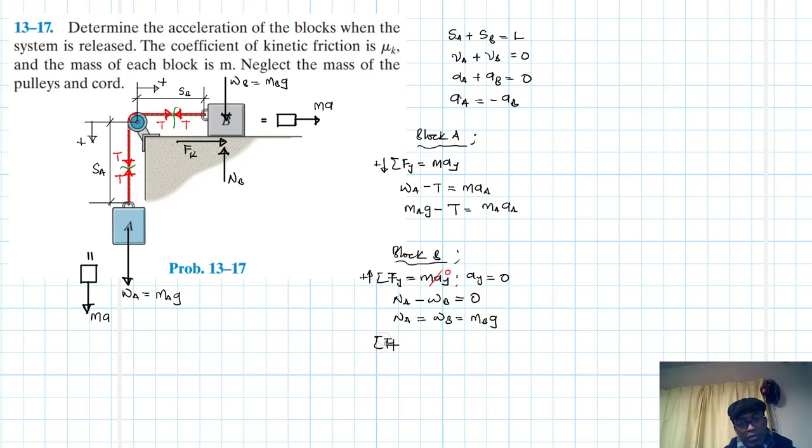Then we have summation of forces in the x equal to MAX, going in this direction being our reference.